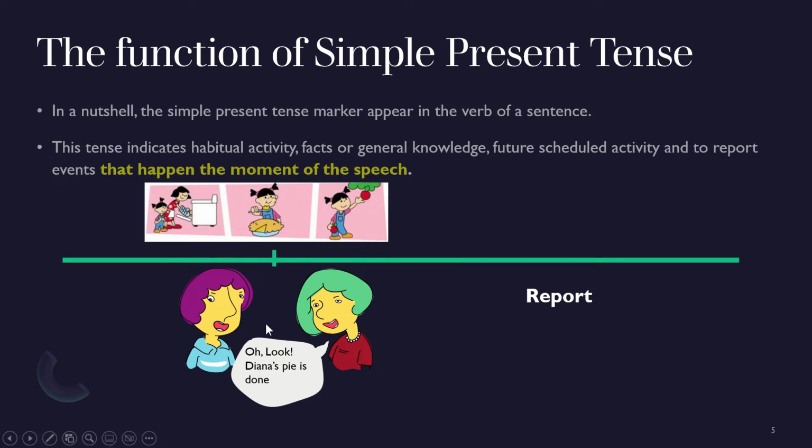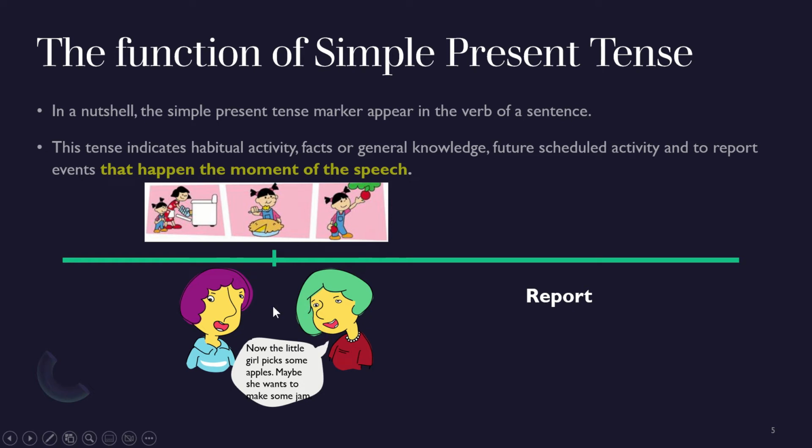At the moment this lady speaks, she sees that the pie is done, right? And then her daughter eats the pie. Right after the pie is done, her daughter eats the pie, and then the little girl picks some apples. Maybe she wants to make some jam. So by the time this happened, this lady reports it.